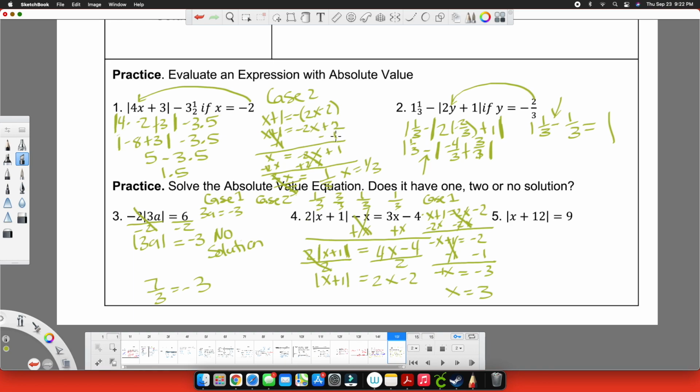Oh, I see my mistake. Nope, I'm subtracting. That's not my mistake. I was thinking 3 here, but nope, that should be a 1. x equals negative 2x plus 1 plus, we get 3 and 1, and we get 1/3.